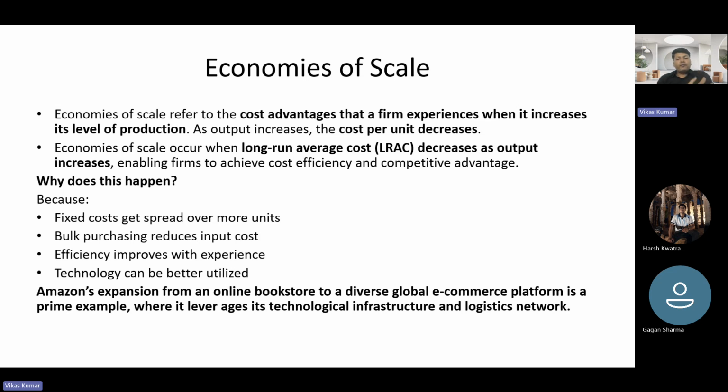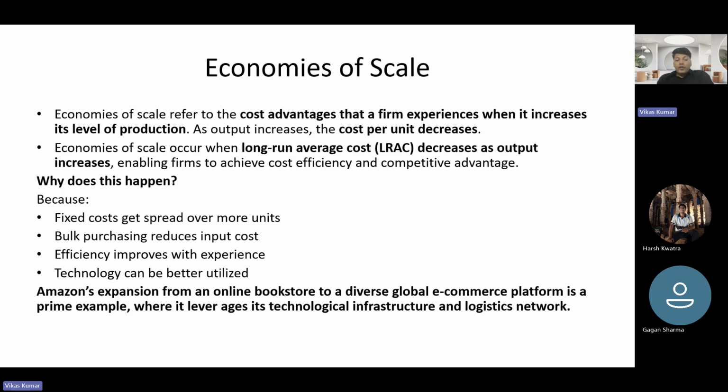Because of that technological infrastructure built during the late 90s and the logistics network, in the 2000s they spread into e-commerce.